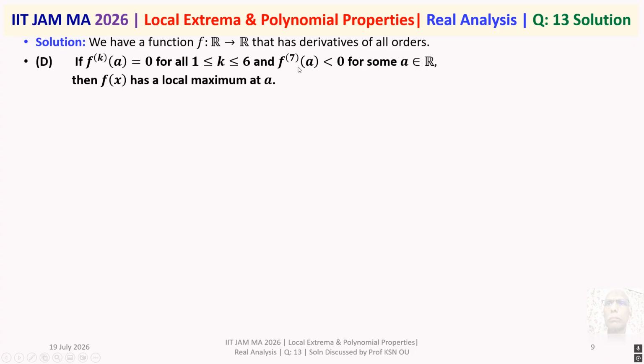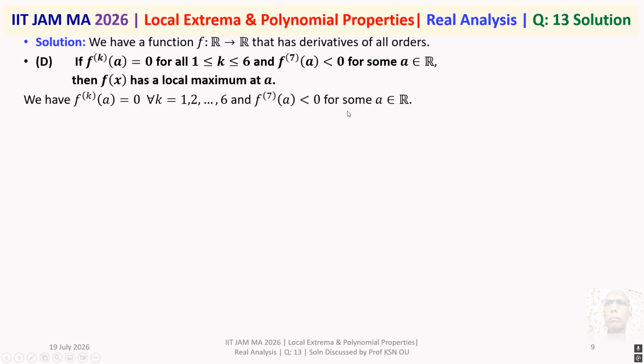Therefore, 7 is odd, and by the higher order derivative test, a is a point of inflection where there is no maximum. So, we have the kth derivative of f at a equal to 0 for all k equal to 1, 2, 3 up to 6, and the seventh derivative of f at a is negative.